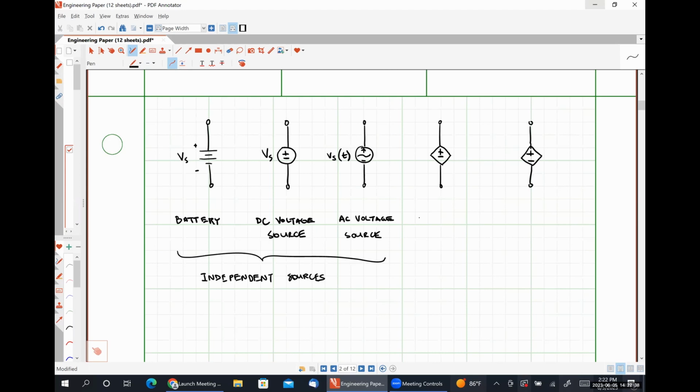This one on the left, I'm going to call a voltage controlled voltage source. And this one on the right will be a current controlled voltage source.